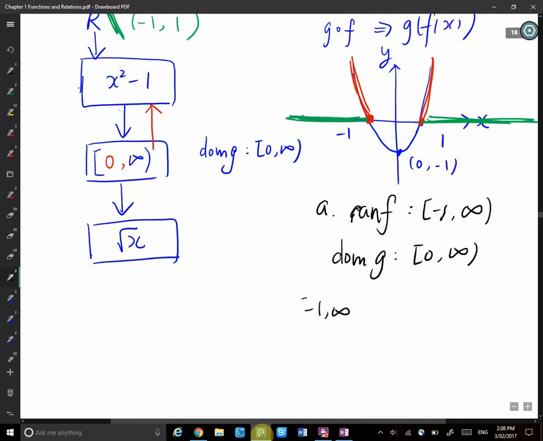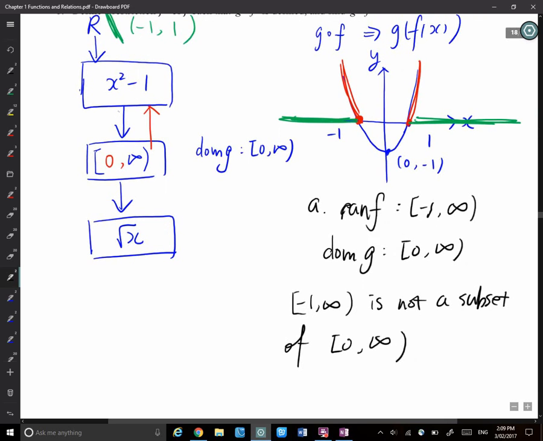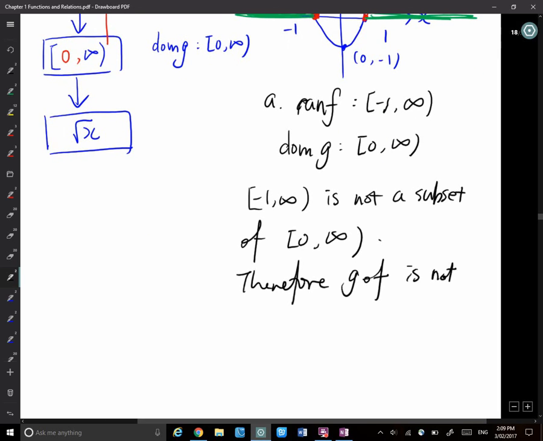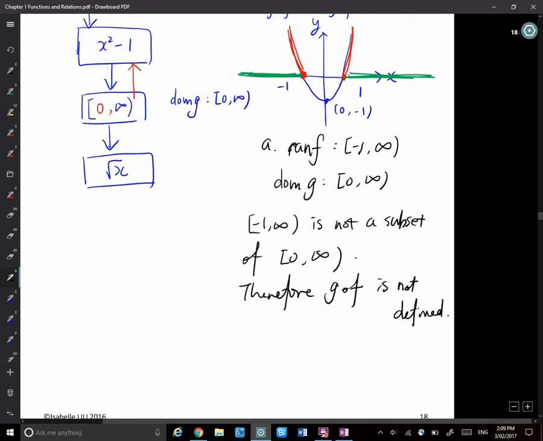Negative 1 to infinity is not a subset of 0 to infinity. Therefore, g of f is not defined.